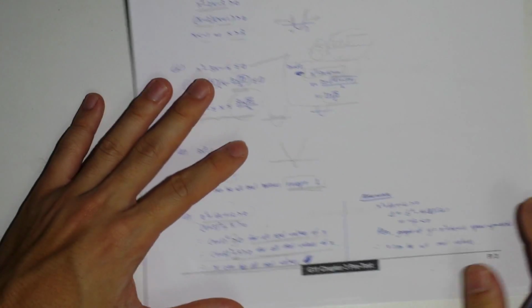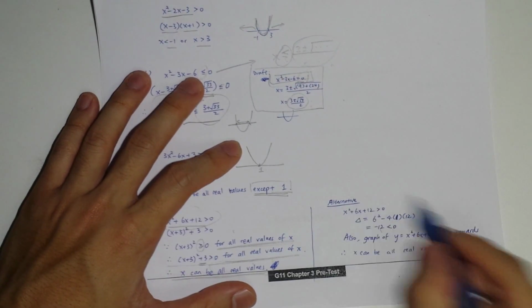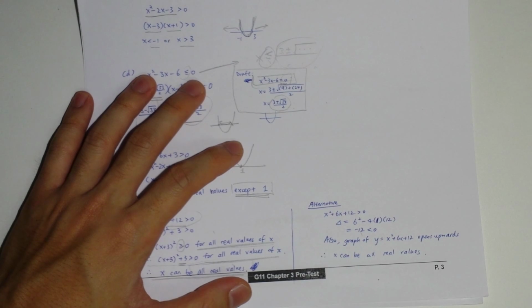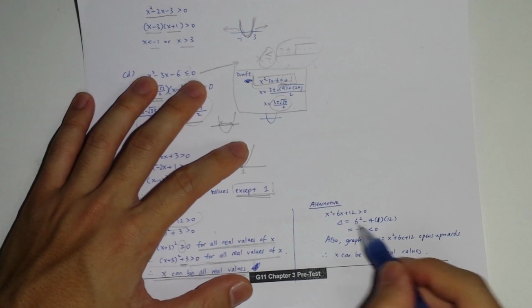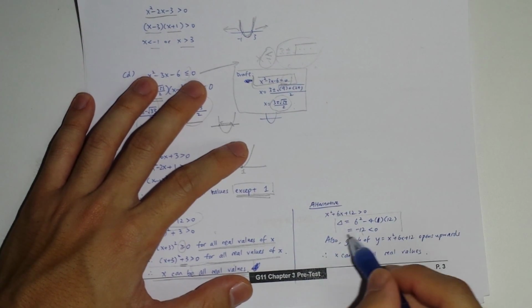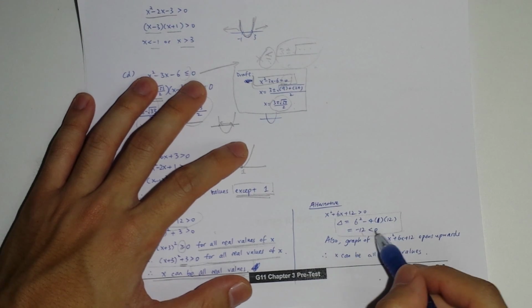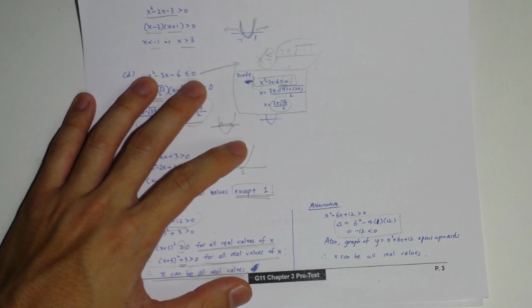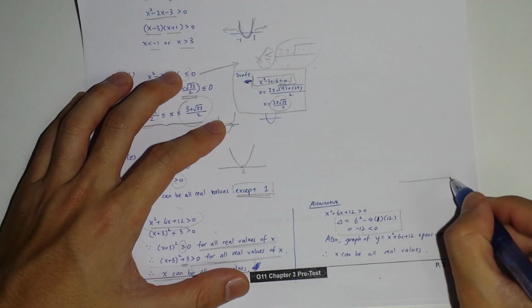Okay, if you don't want that method, actually this is the easier method, but please note the important parts that you have to give. The first is finding delta. Why is it so important to find delta smaller than 0? Because it tells us that the graph does not touch the x-axis. Oh, you are looking at the graph.